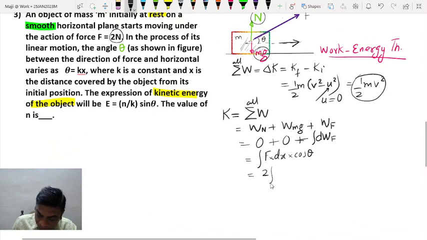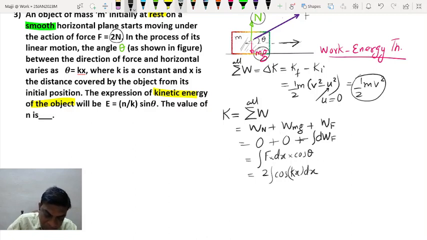F is 2, theta is kx. So here x varies from, initially it was 0 and now it is x. So x varies from 0 to x.